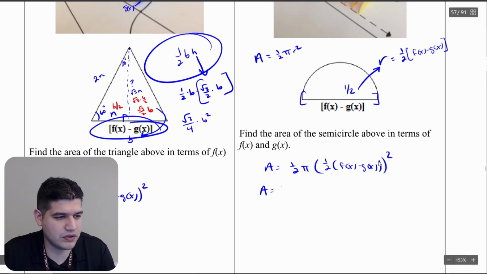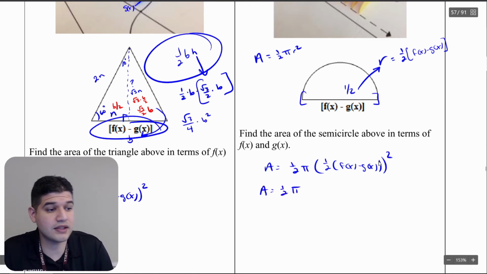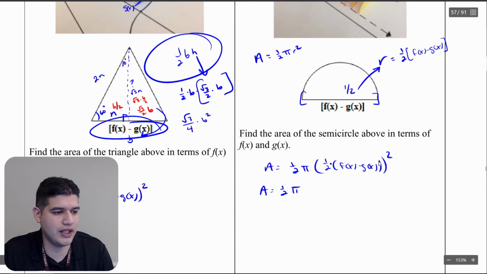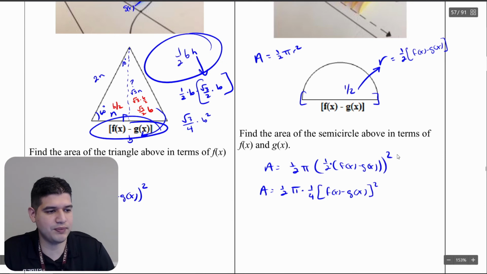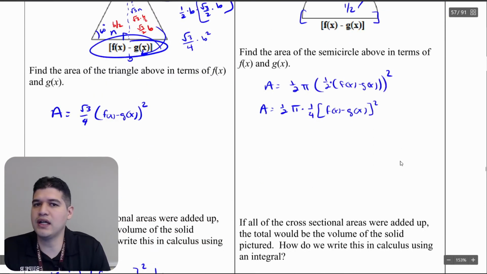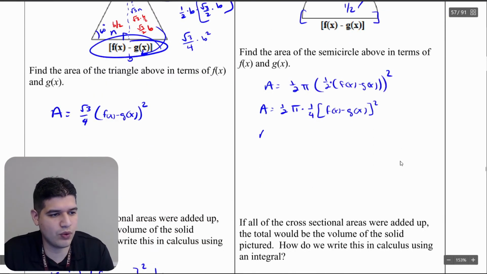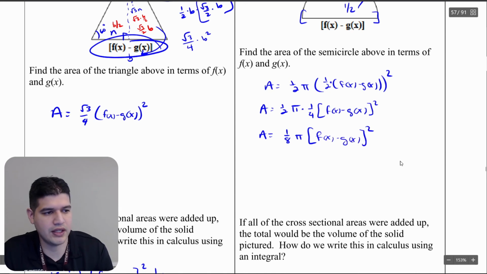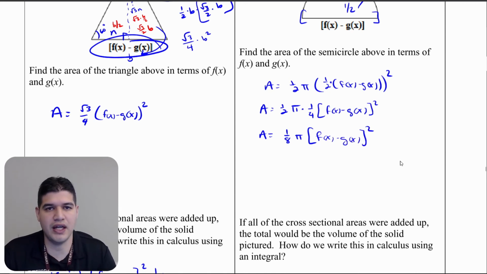A equals 1/2 pi, and I can square these two terms: 1/2 squared is 1/4, times f of x minus g of x squared. I can take that 1/2 and multiply it by 1/4, so I get 1 over 8 pi times f of x minus g of x squared. And that's what we're going to use to find area.